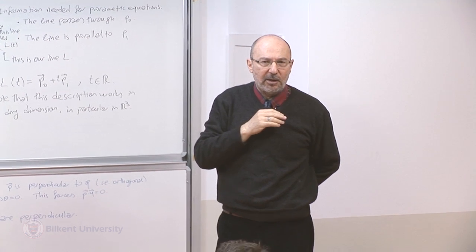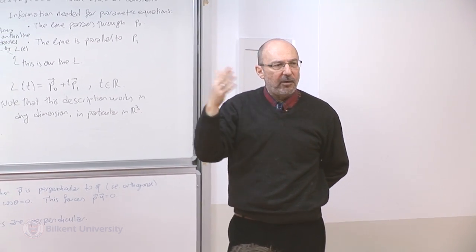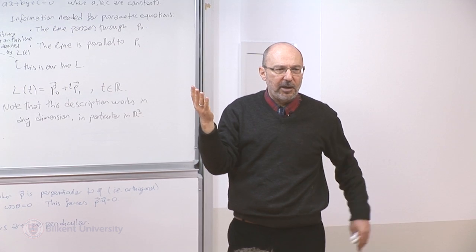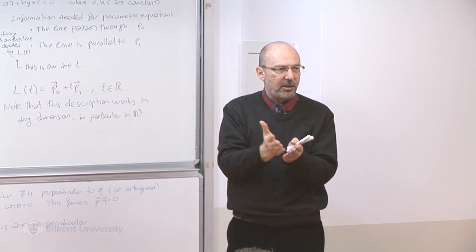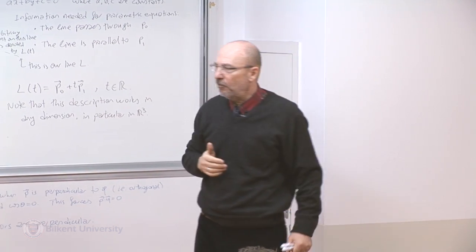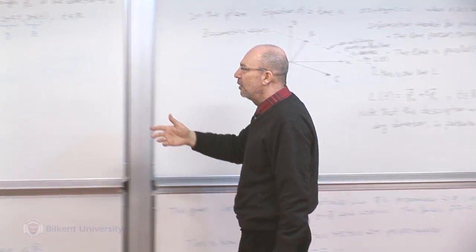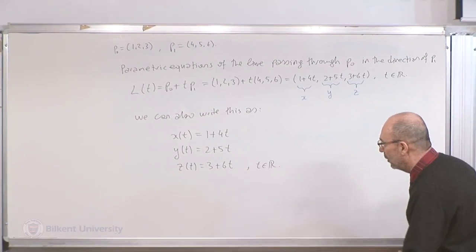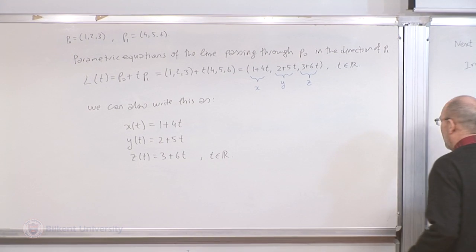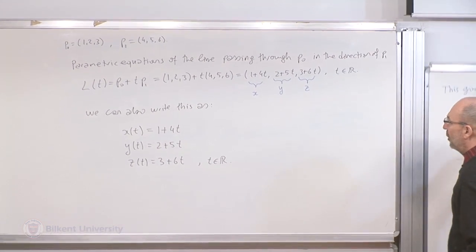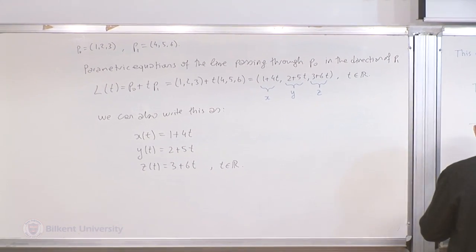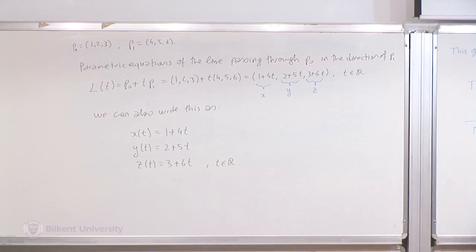So you don't get a line. In order to get a line, you have to give the equation of another plane, and when these 2 planes intersect, they give you a line, and that will be your equation. That we can derive from here by eliminating the parameter t. Okay, so let's look at that.